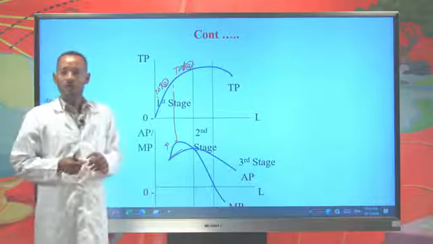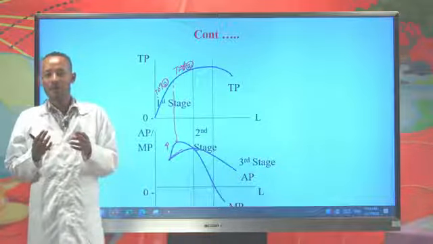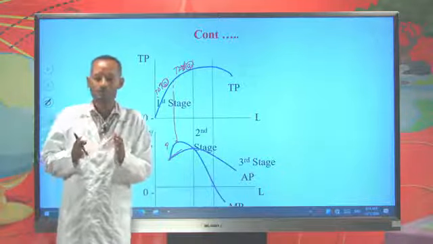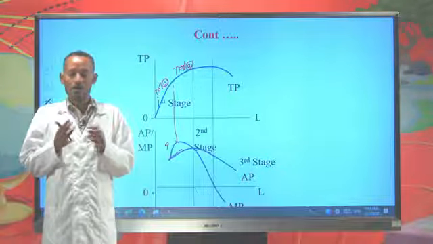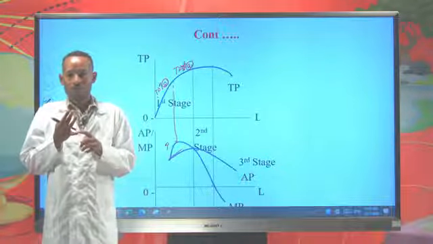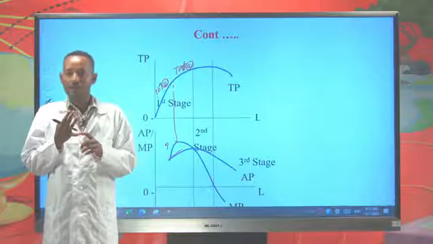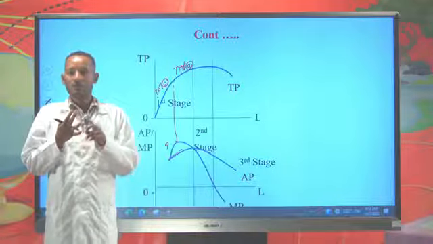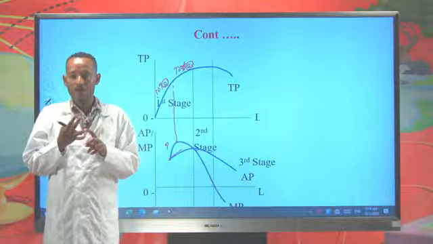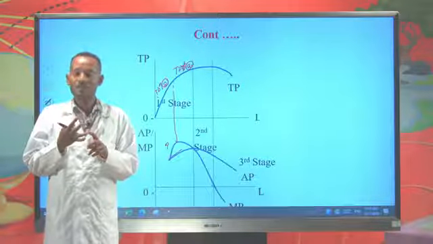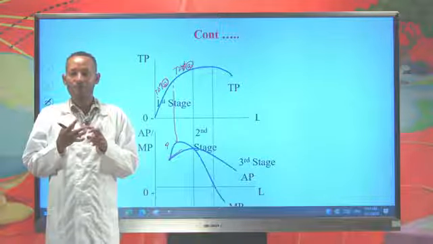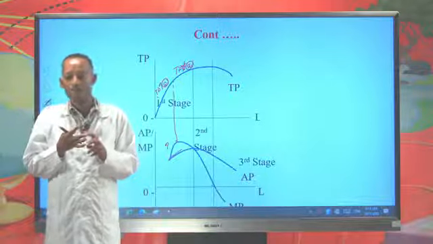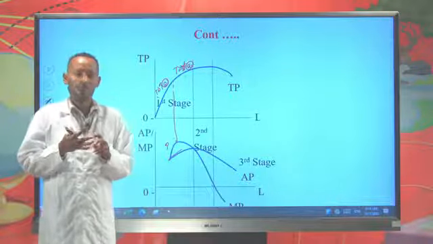So the three relationships between the AP and MP of the variable input labor are: whenever MP is above AP, AP increases. Whenever AP equals MP, AP reaches its maximum. And finally, whenever AP is above MP, then AP decreases.